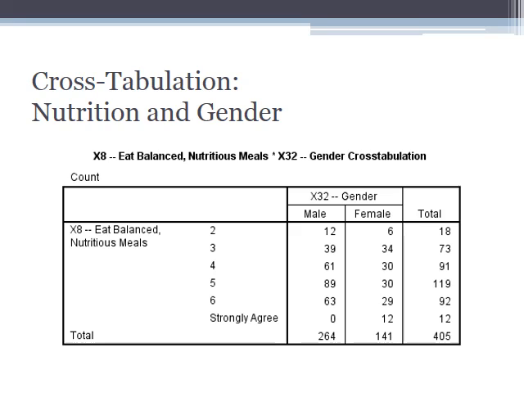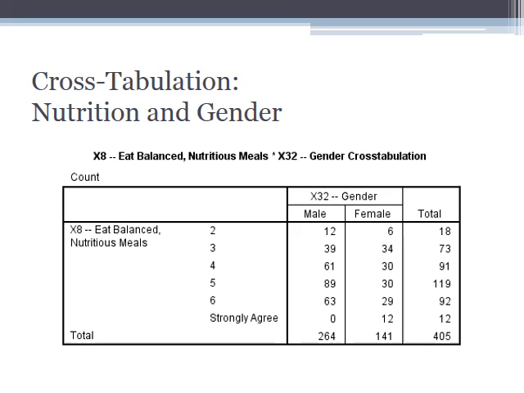Then we had 91 people put down a 4, which was 61 males and 30 females. All the way up to strongly agree that eating a balanced, nutritious meal is really important to them. No males, but 12 females, for a total of 12 respondents.